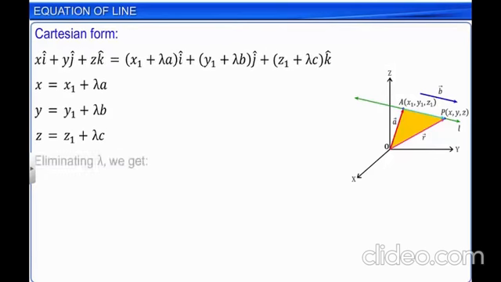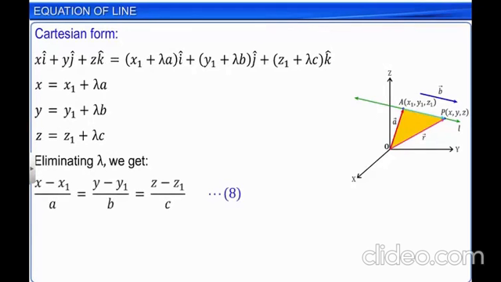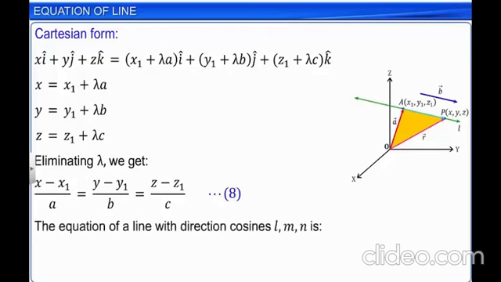Eliminating lambda from the equations for x, y and z, we get equation 8, which is the Cartesian equation of a line that is parallel to a vector having direction ratios A, B, C and passes through point x1, y1, z1. If l, m and n are the direction cosines of the line, then the Cartesian equation of the line is of the form as shown.